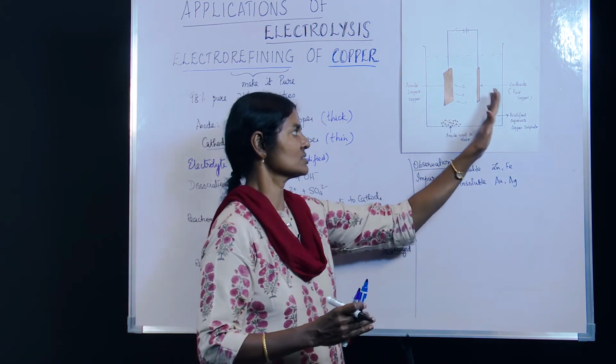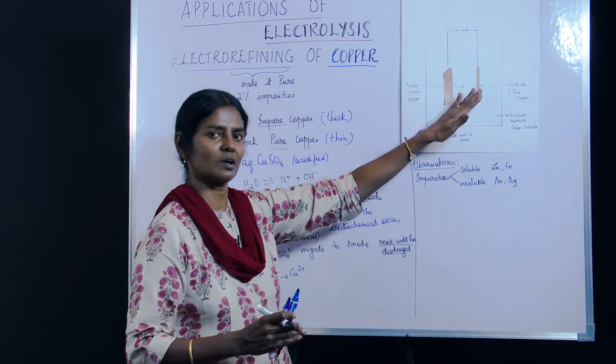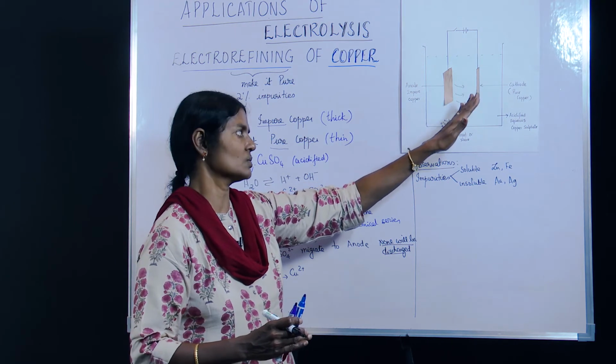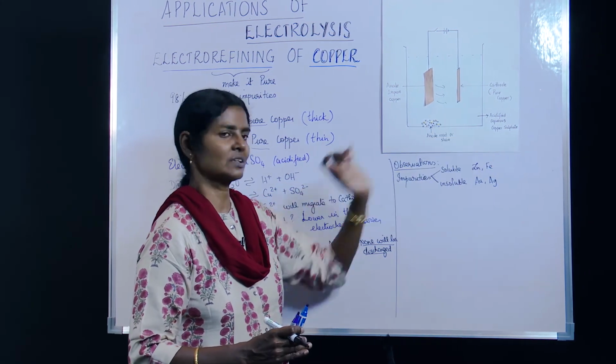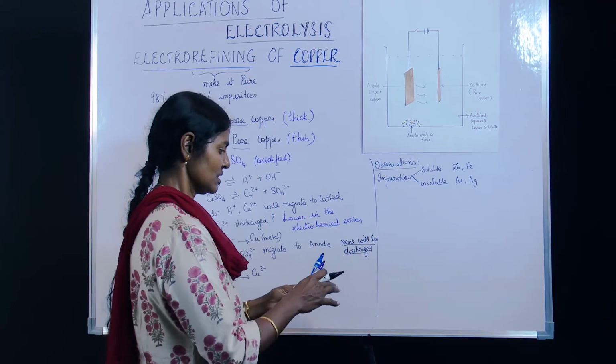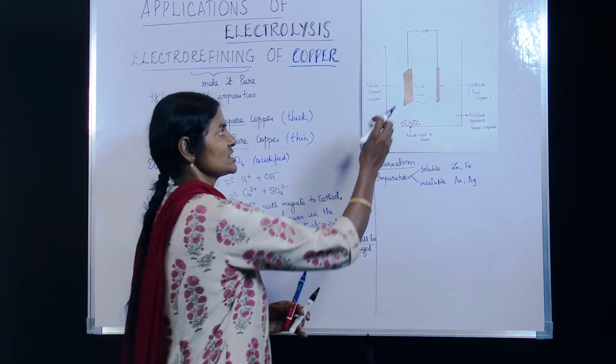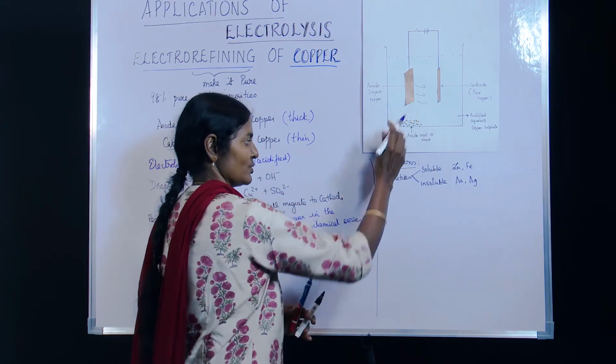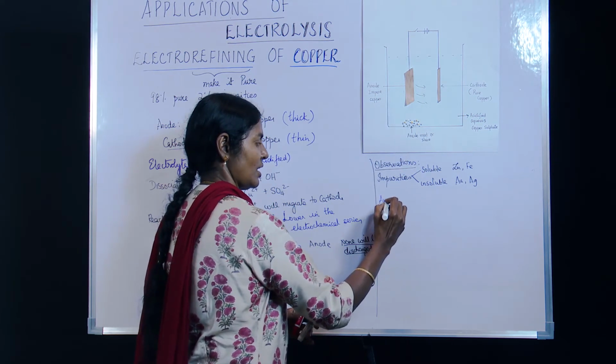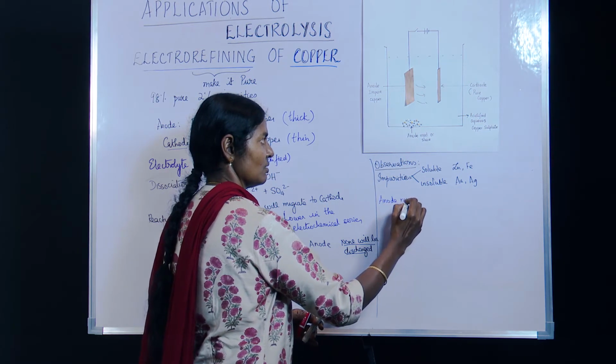Soluble means all the soluble impurities will be dissolved in the electrolyte as the process goes on. But insoluble ones would just come down from the anode and form anode mud or slime.